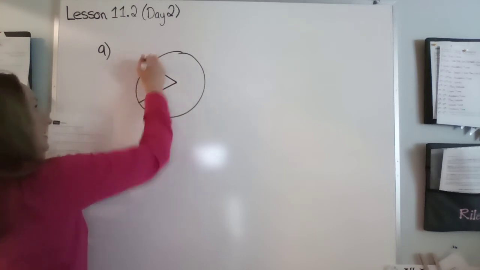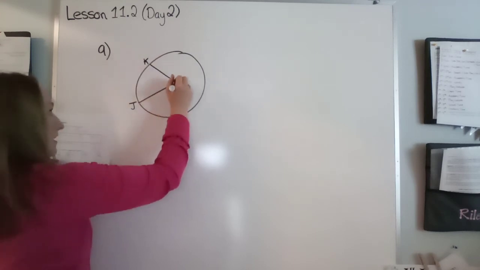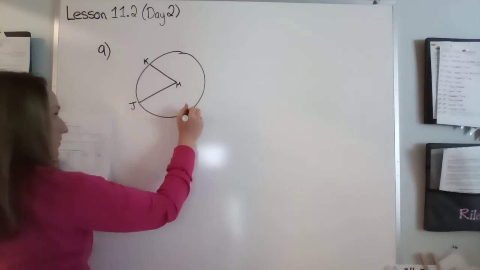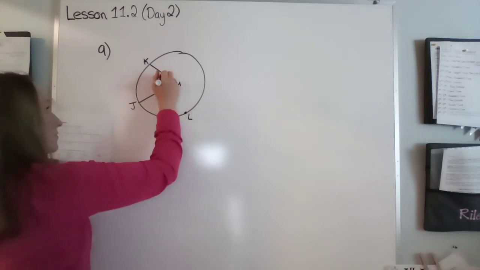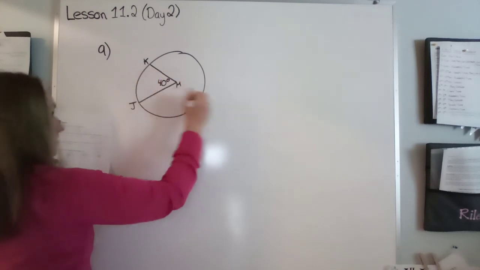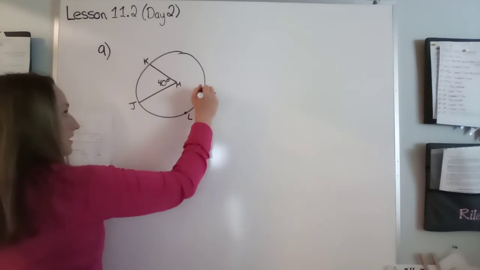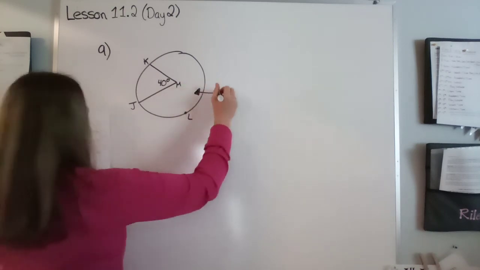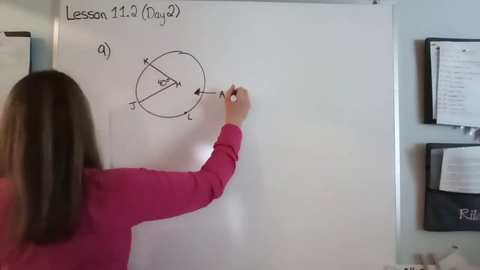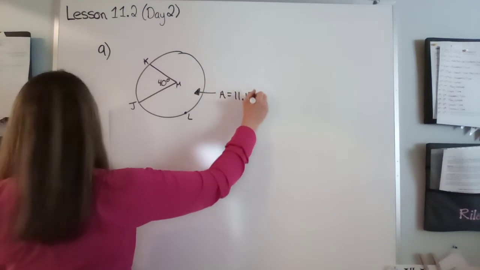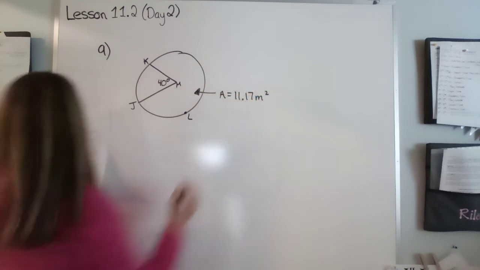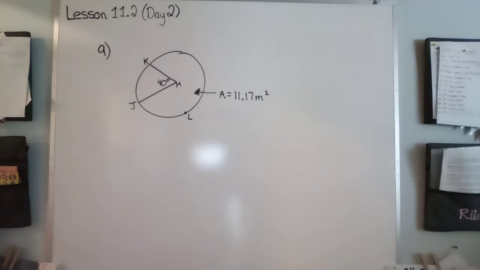Here's K, J, M, and point L, 40 degrees. You're told that this sector area is equal to 11.17 meters squared. And the directions are asking you to find the area of the circle.